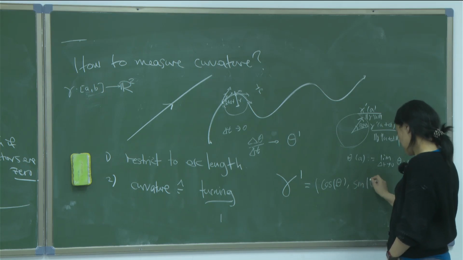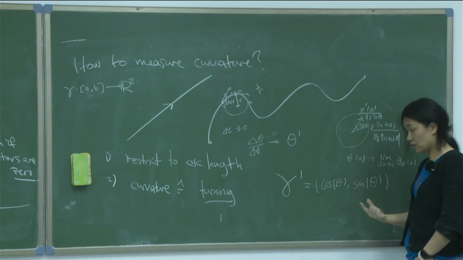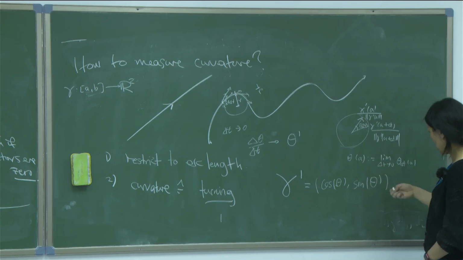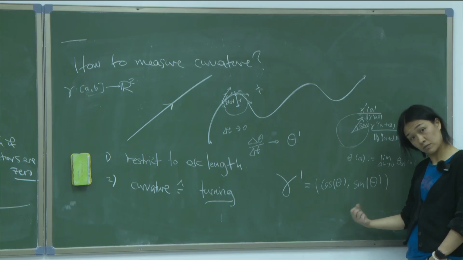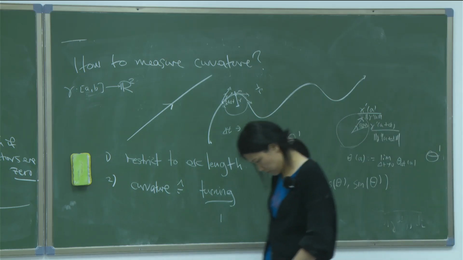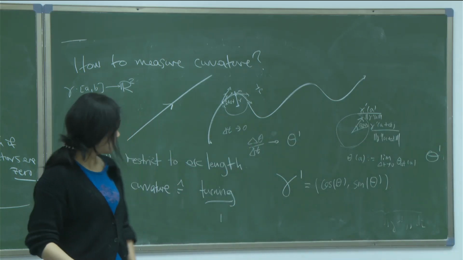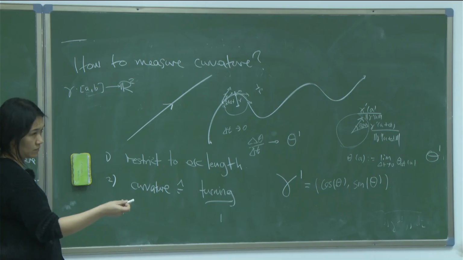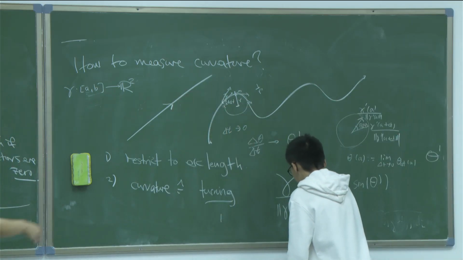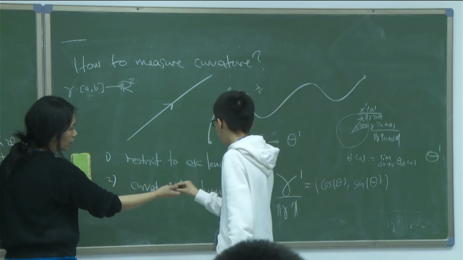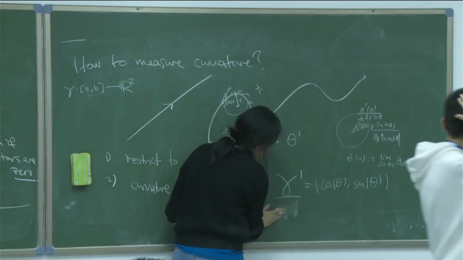And what you have here is theta prime. Yes, it's arc length, so this is 1.